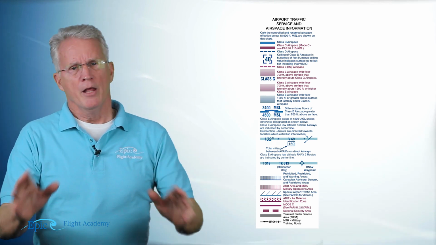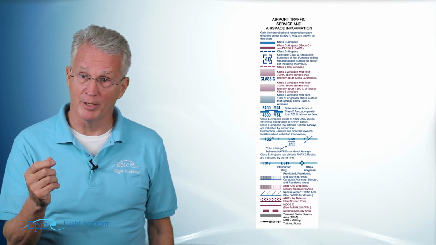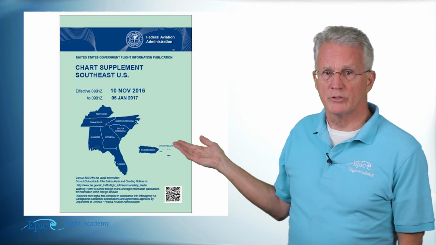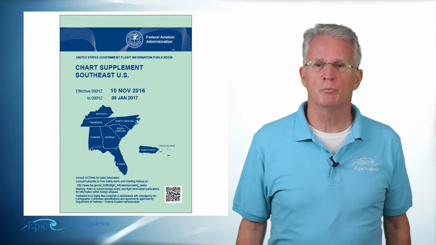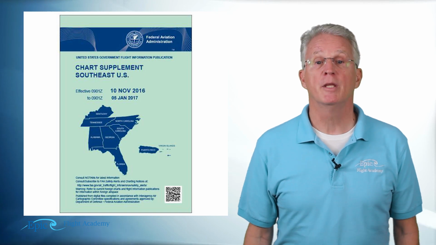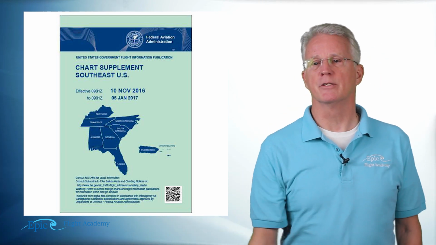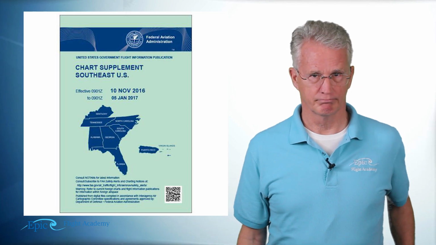So, the information is provided on a chart supplement. And you can see the cover of a chart supplement shown here. Now, in the same way that you begin with the legend when looking at a chart, begin with the table of contents when looking at the chart supplement.